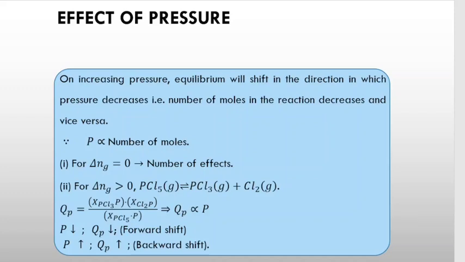And we already discussed what happens when pressure decreases, what happens when pressure increases, how to check for either the volume term and the pressure term. We need to take the delta N value, depending upon the delta N value only, we can check the pressure effect.